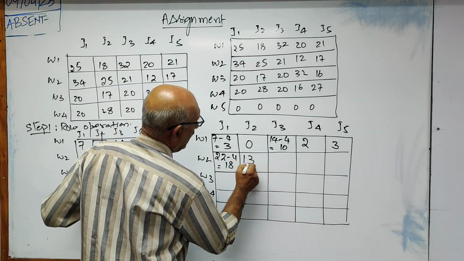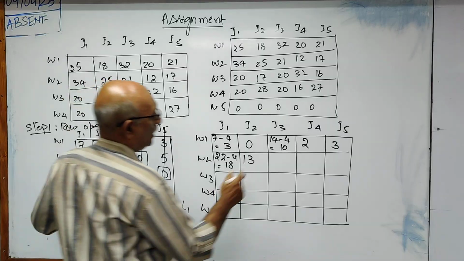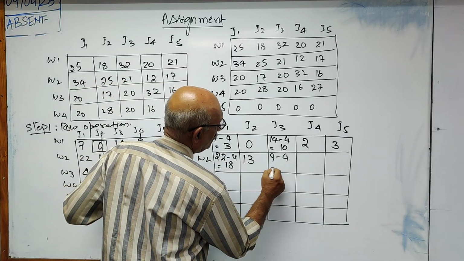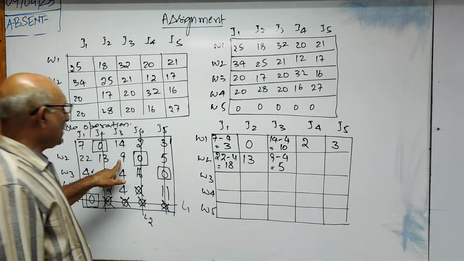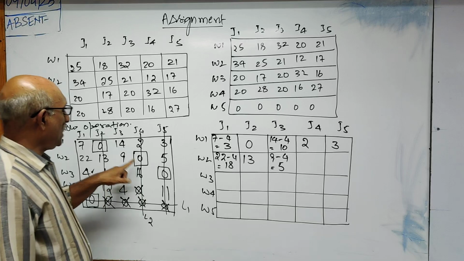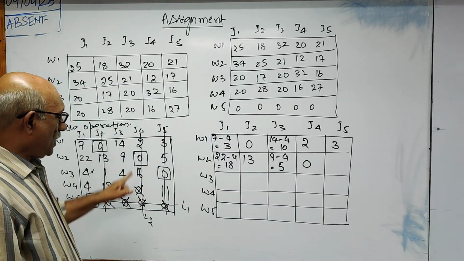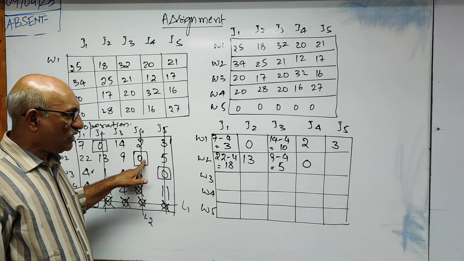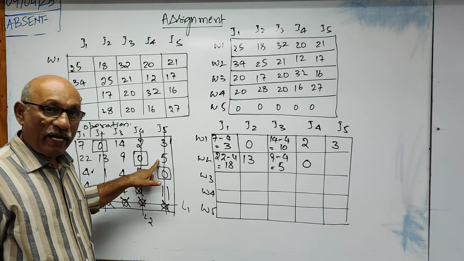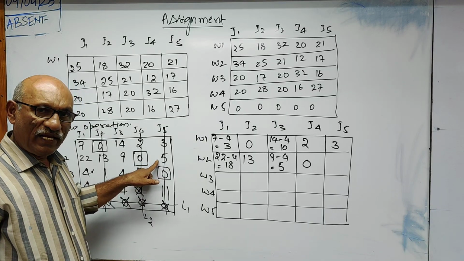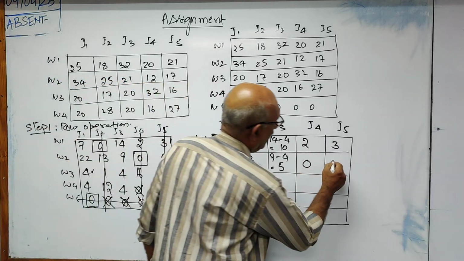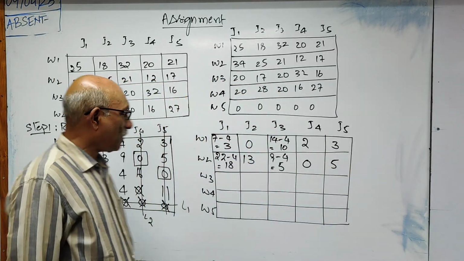From 13 a line is passing. 9 is free from the lines. From 9, 4 is subtracted. From zero a line is passing. Therefore, leave this zero as it is. Again from 5, a line is passing. 5, you keep it as it is.